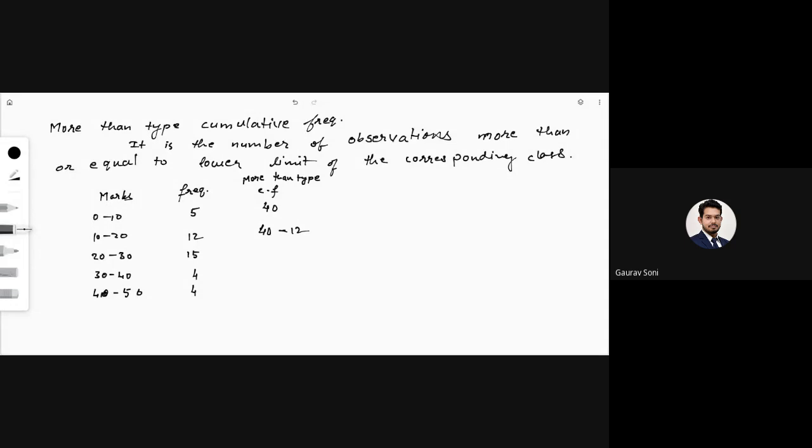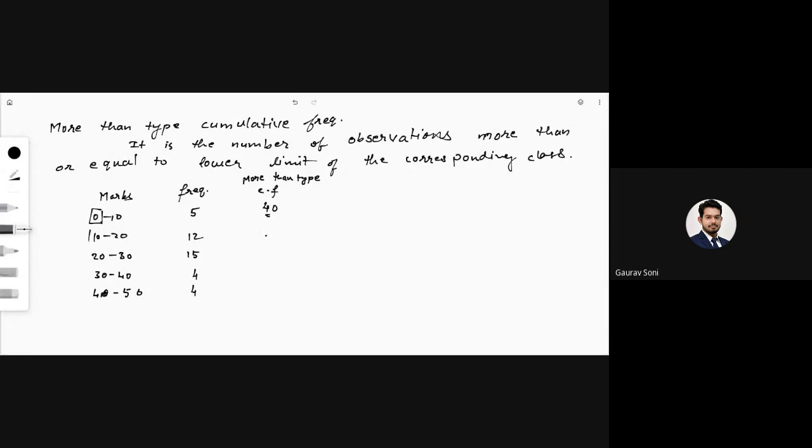So what the definition says is you need the number of observations more than or equal to the lower limit of the corresponding class. Now, what is the lower limit for the first class? It is 0. What are the observations which are having greater than 0 marks? That's what I need to see. All the observations with more than 0 marks, and that's why this entry is 40. Now, in the second one, what do I need to write?